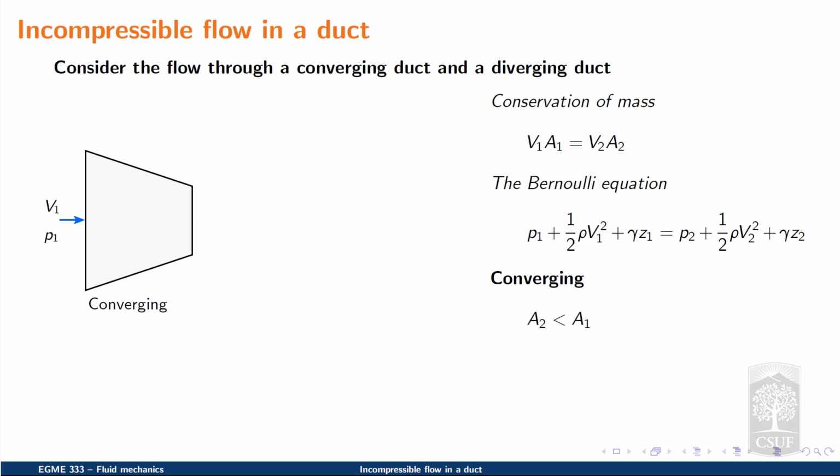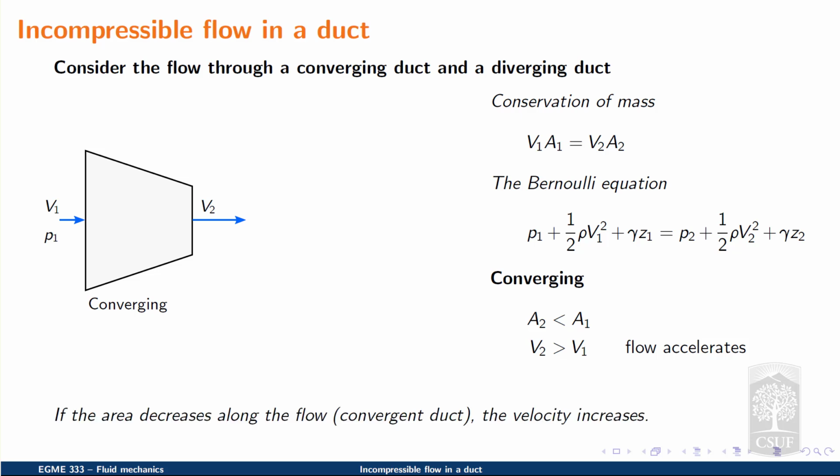Therefore, v sub 2 is greater than v sub 1. The velocity at the outlet point 2 is greater than the velocity at the inlet point 1. So we can argue that if the area decreases along the flow, such as in a convergent duct, the velocity increases.